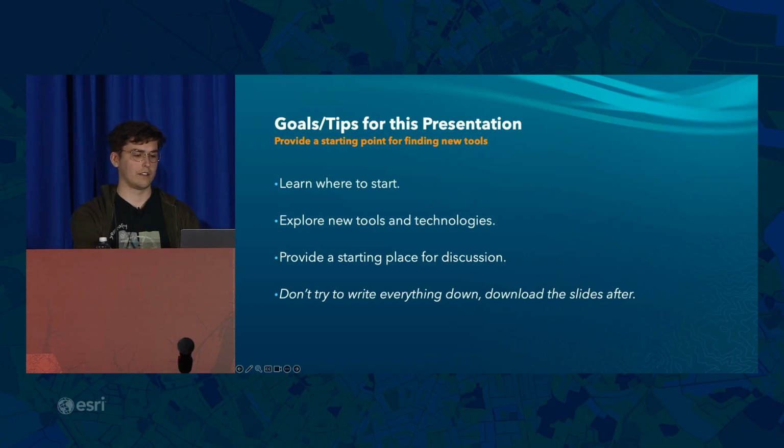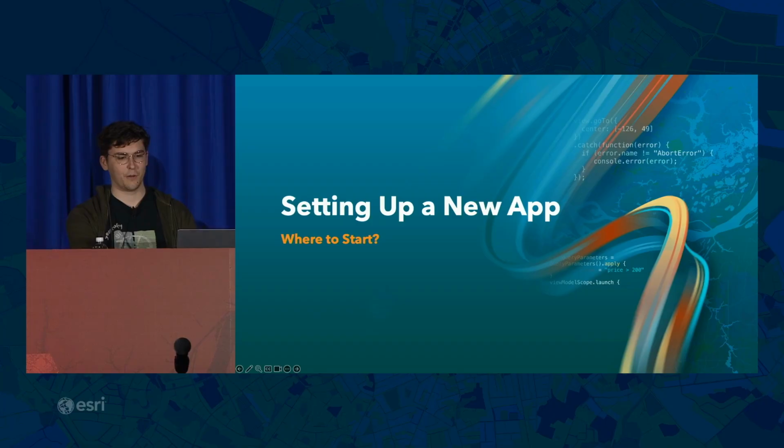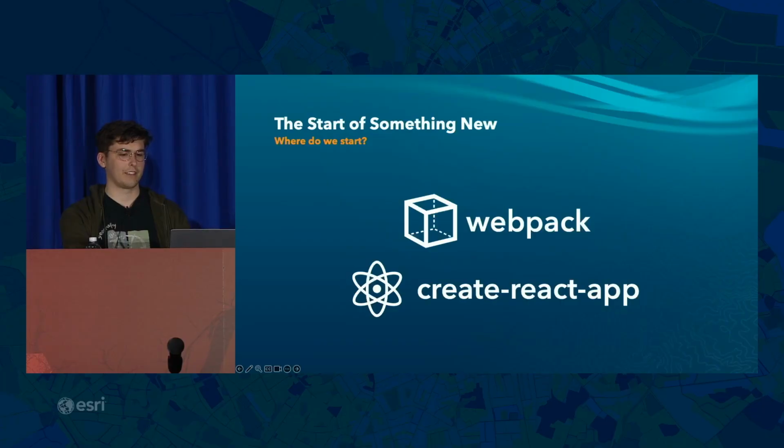And so to start out the presentation, we're going to start the same way we start with a new web application, and that is setting up a new application. If you've done this before, maybe in the past couple of years, Webpack was a very common bundler tool that you could use as your build tool to get started with your application.